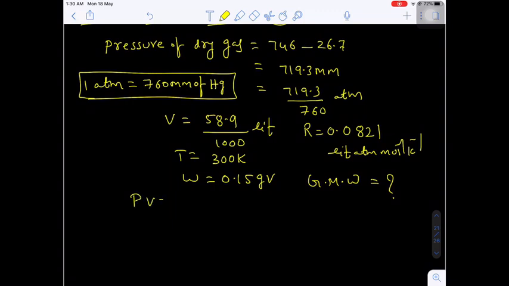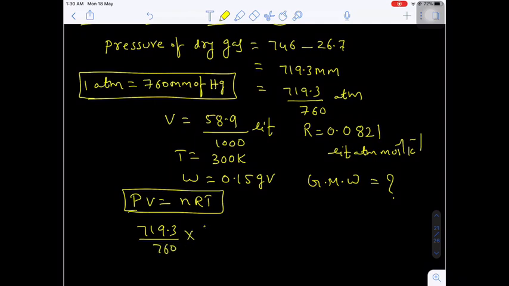We know from the ideal gas equation PV is equal to nRT. What is P here? 719.3 by 760. The volume is 58.9 divided by 1000. Number of moles is given mass upon molar mass, that is to be calculated.